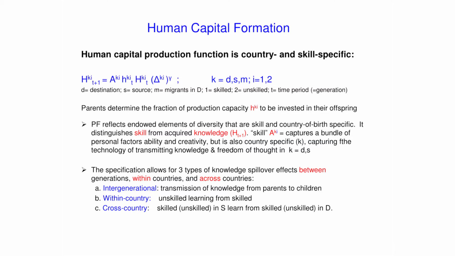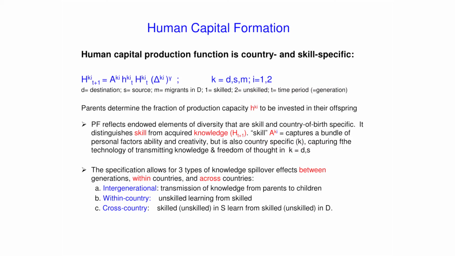The fundamental difference in what I write here is that this human capital production function is going to be both country-specific and skill-specific. The small h that you see here, of course, are the investments that parents make in their offspring as a proportion, as a percentage of total production capacity.